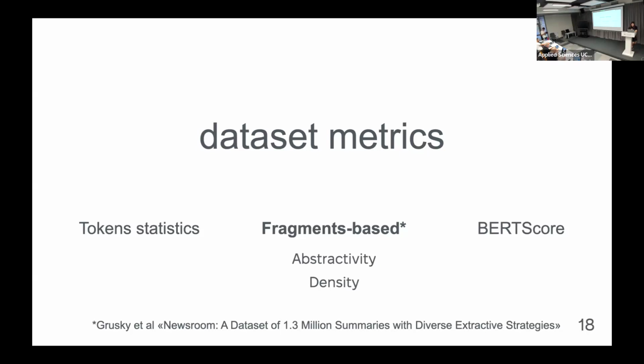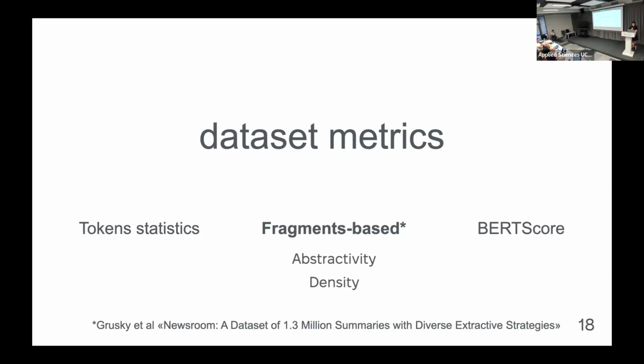And this approach was proposed by a research paper which introduced a new dataset, and these metrics were used to distinguish between texts which were more abstractive or which were more extractive.